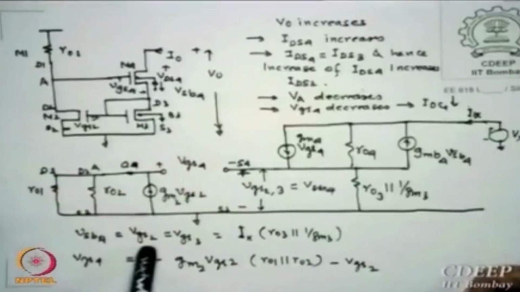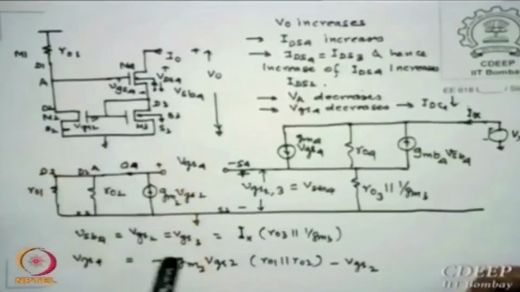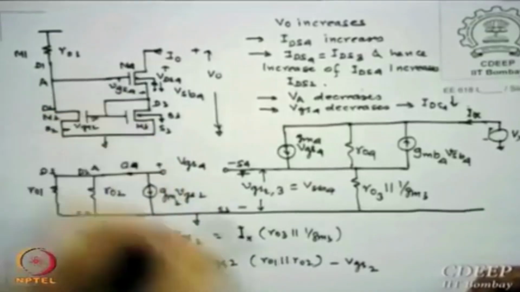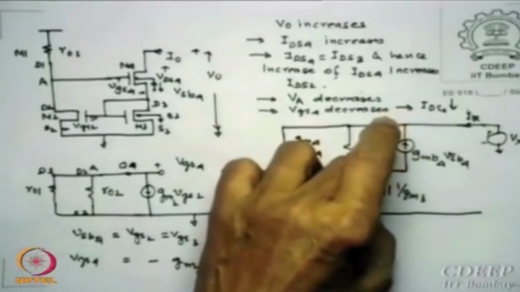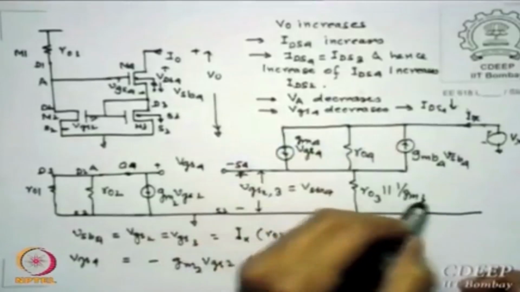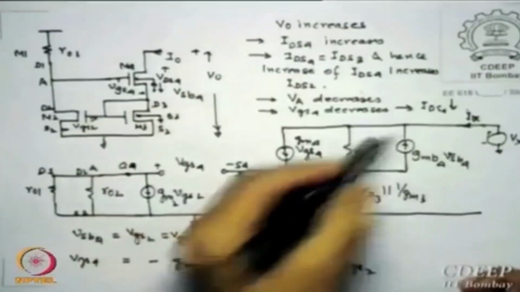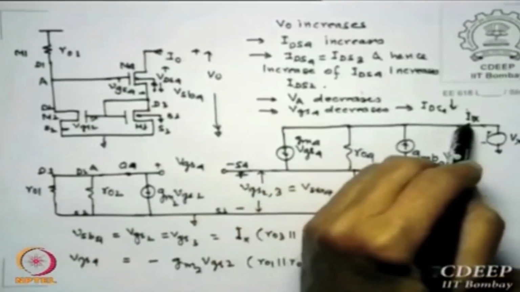Now this is very big circuit looking, but there is nothing big part in that. The first thing I calculate is VSB4. VSB4 is VGS2, same node, VGS3. Now look at the current which is passing through this. This drop is VSB4. Is that correct? Drop across RO3 parallel 1 upon GM3, and what is the current flowing? Sum total of these three, whatever current in this is essentially the net current.